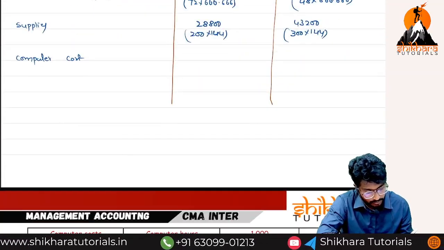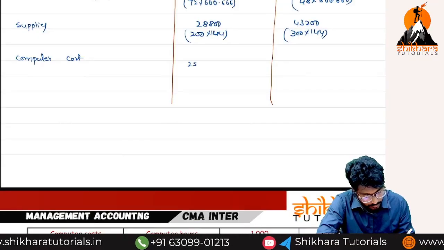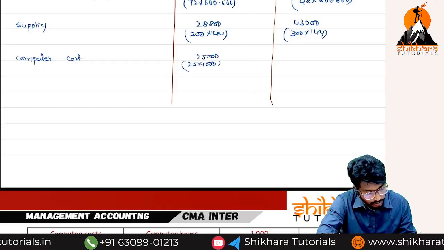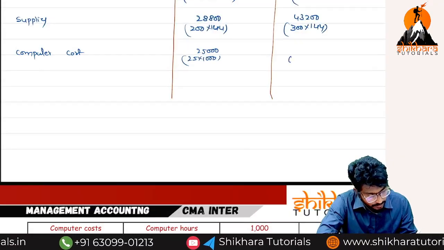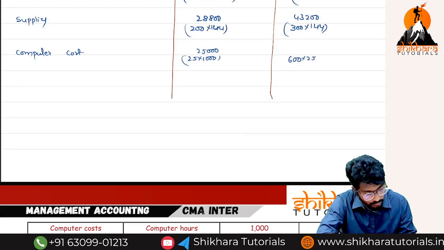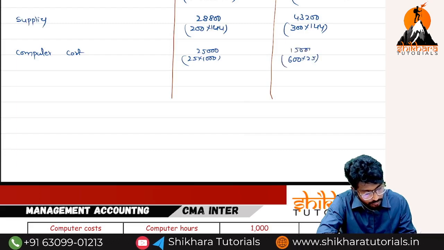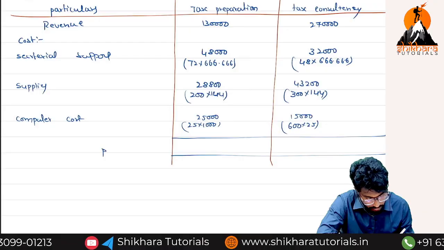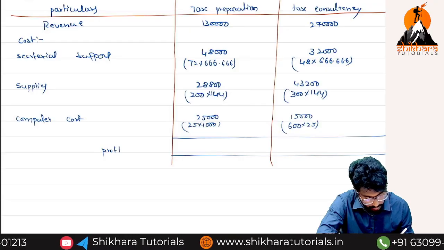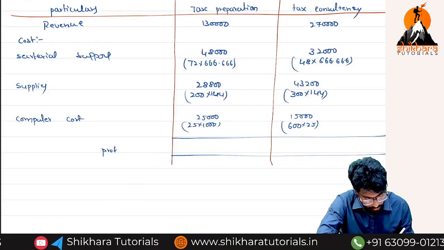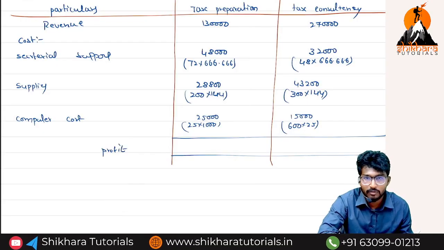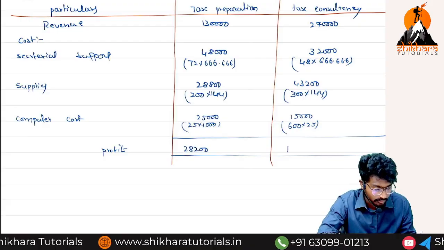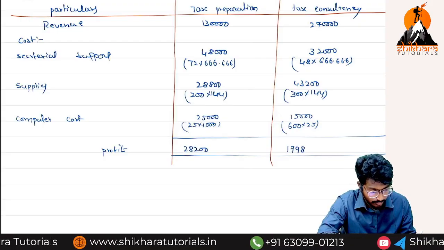It is 25 per hour. 25 into 1,000 is 25,000, and 600 into 25 is 15,000. Now, profit. How much? 28,200 and 1,79,800.